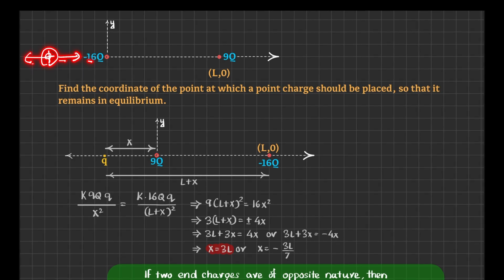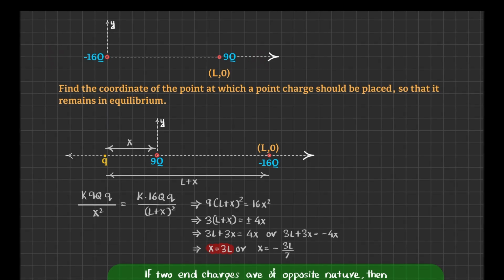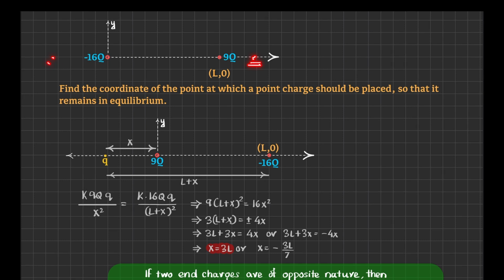Again, the two directions can be opposite to each other. So on the outside, we can find a point. Now the question comes, if we consider an outside point, then where? Will it be closer to 9q? Will it be closer to minus 16q? Or both can be the answer.